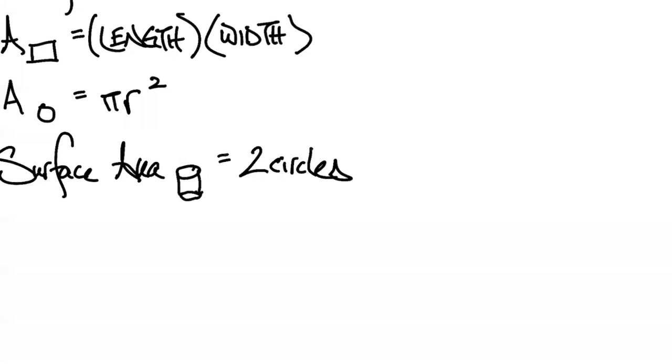Like if you've ever peeled a label off of a can. Rectangle. Yeah, that's a rectangle, right? Or if you think about a roll of toilet paper or a roll of paper towels, when you pull the sheet off, it's actually a rectangle. And so the cylinder is actually made up of two circles and one rectangle. All right, so two circles and one rectangle.